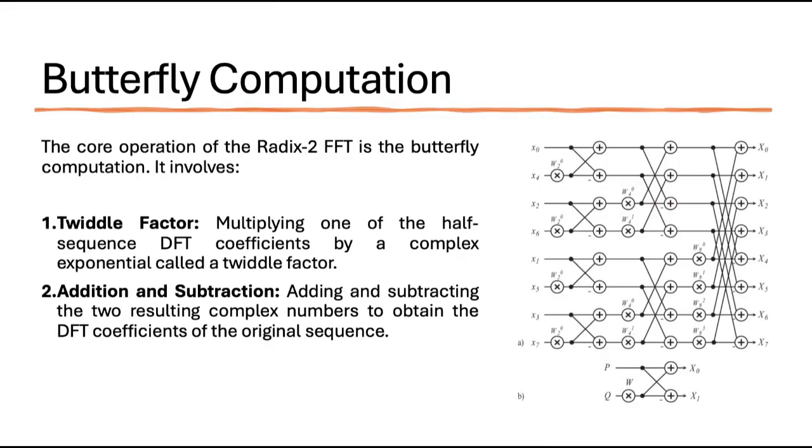The core operation of the radix 2 FFT is the butterfly computation, which involves two main steps. The use of a twiddle factor, where one of the half-sequence DFT coefficients is multiplied by a complex exponential known as the twiddle factor, followed by the addition and subtraction of the resulting complex numbers to derive the DFT coefficients of the original sequence.